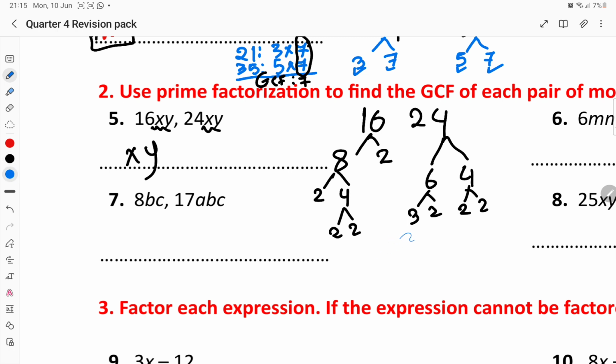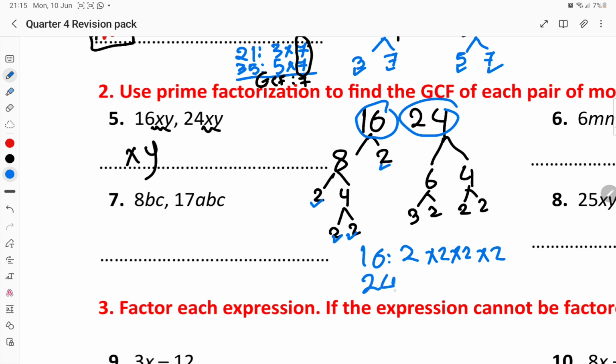So now can you get the greatest common factor? Yes. 16 is what? 2 times 2 times 2 times 2. 1, 2, 3, 4. This is regarding the 16. What about the 24? 24 is 3 times 2 times 2 times 2. 3 times how many 2s? 1, 2, 3.